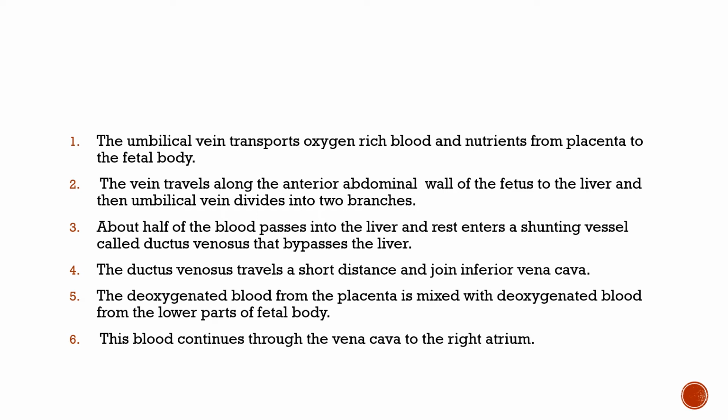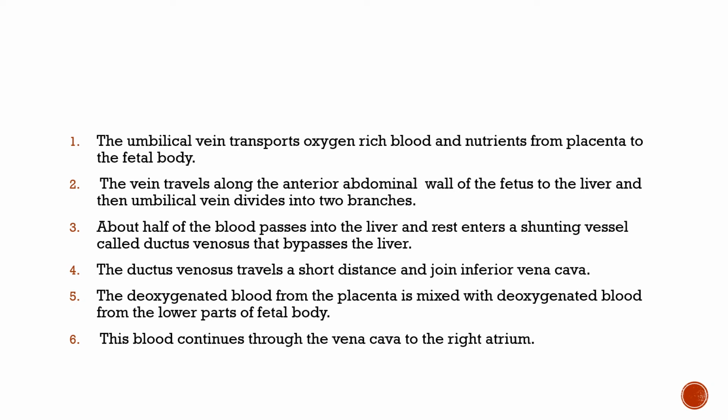The vein travels along the anterior abdominal wall of the fetus to the liver, and then the umbilical vein divides into two branches. About half of the blood passes into the liver and the rest enters a shunting vessel called the ductus venosus that bypasses the liver. The ductus venosus travels a short distance and joins the inferior vena cava.